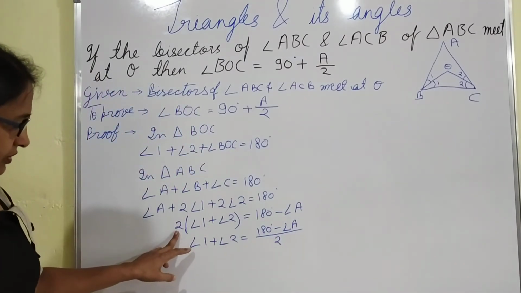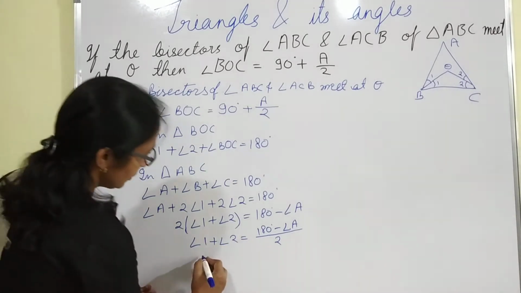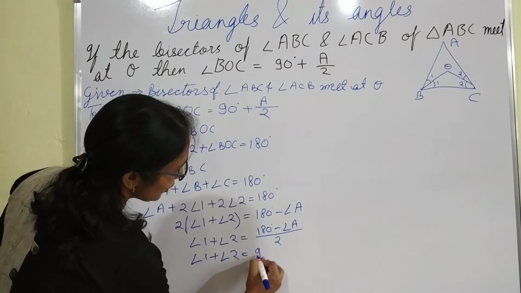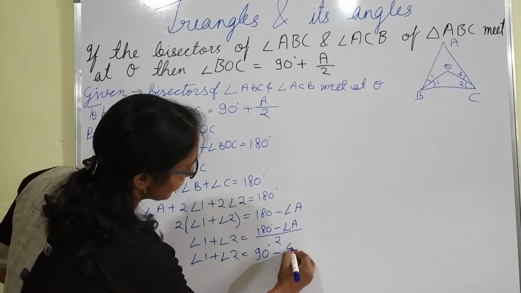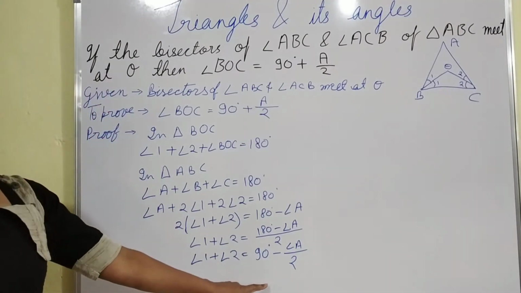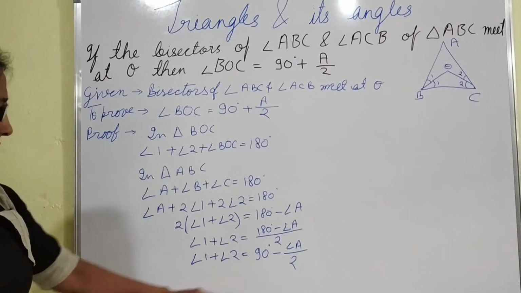This 2 will transpose here. So value of angle 1 plus angle 2 equals to 90 degree minus angle A upon 2.